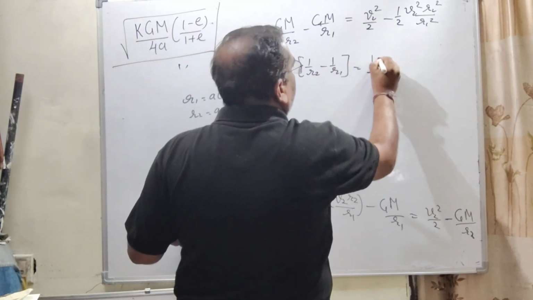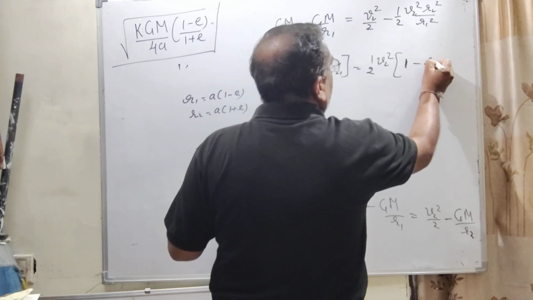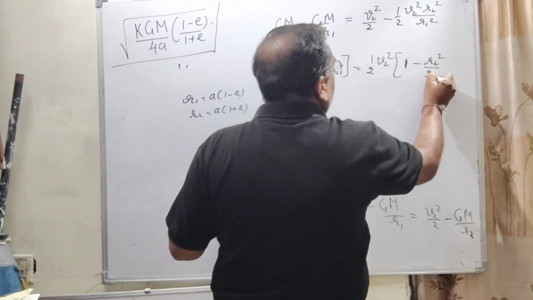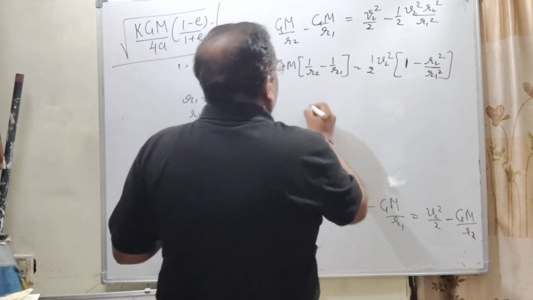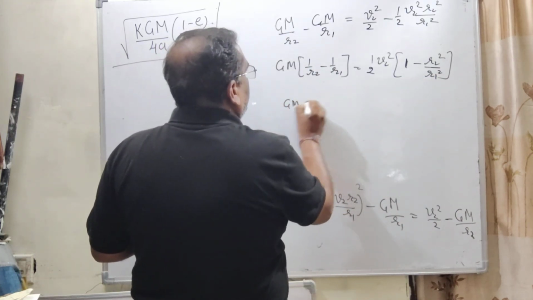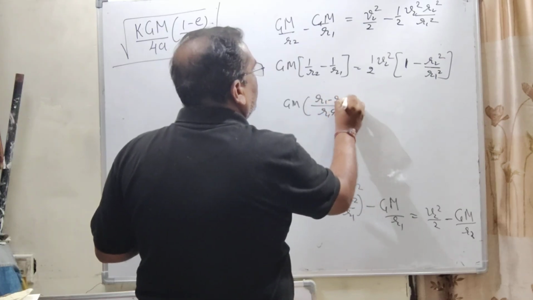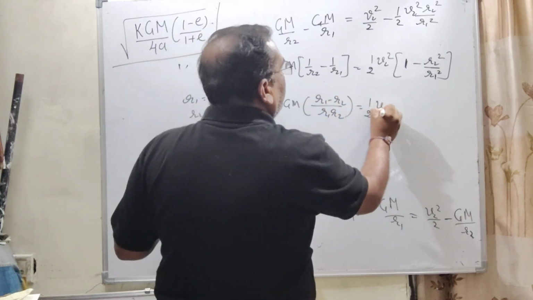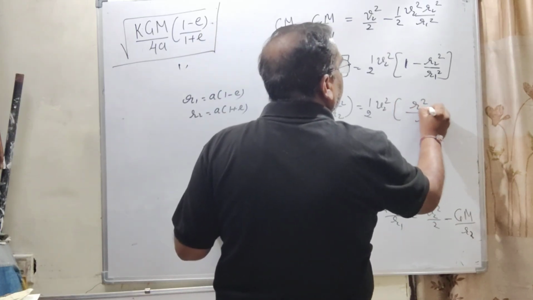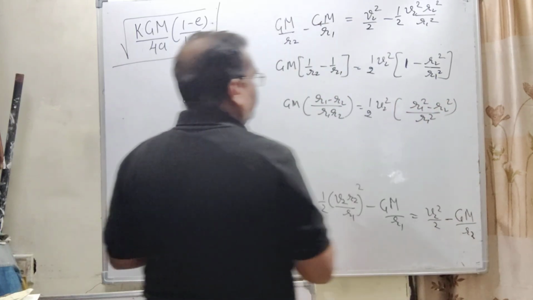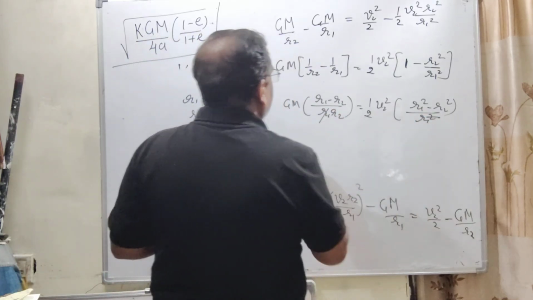Here half v2 square taken common, then 1 minus r2 square upon r1 square. So G M, taking the LCM r1 r2, gives r1 minus r2, and 1 by 2 v2 square, taking the LCM, gives r1 square minus r2 square. Here one r1 cancels out.